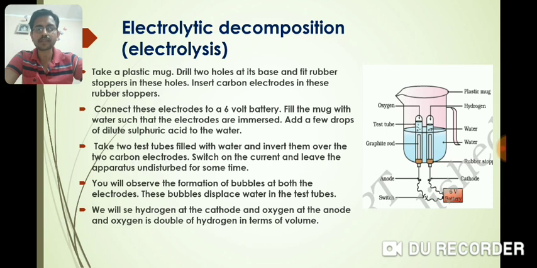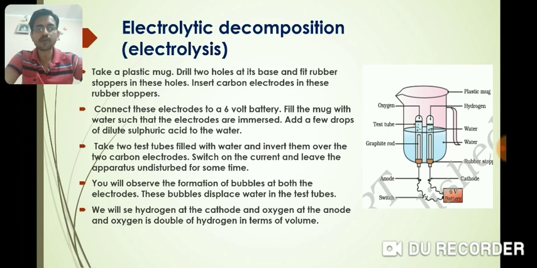Here we are taking the example of decomposition of water by supplying electricity. In this, we have to carry out an experiment to understand the electrolytic decomposition. We have to take a mug in which we have fitted two electrodes. As an electrode, we can use pencil which is sharpened from both the ends.